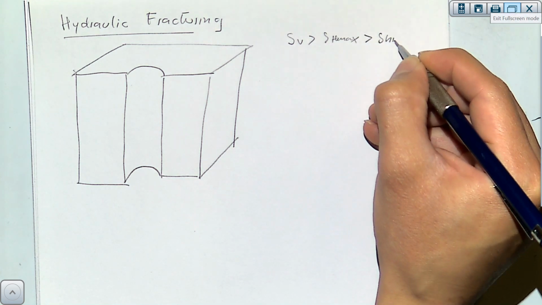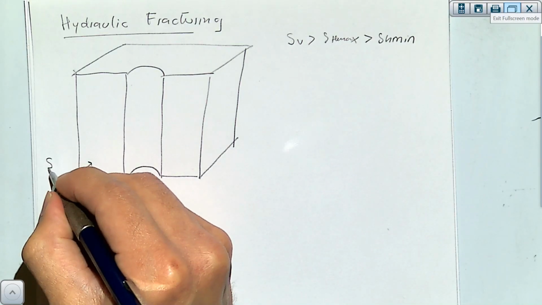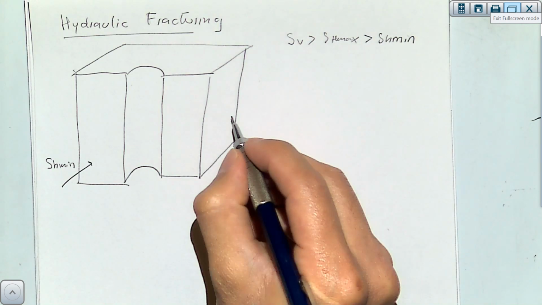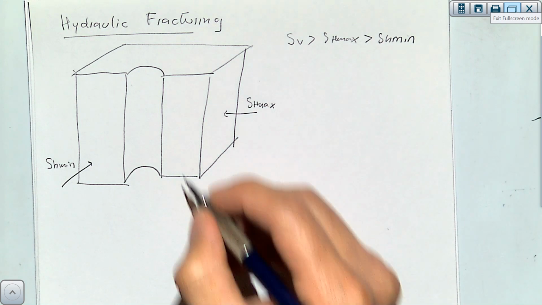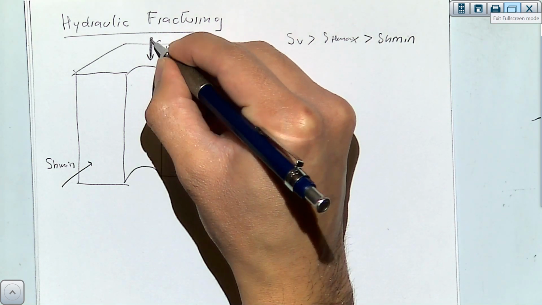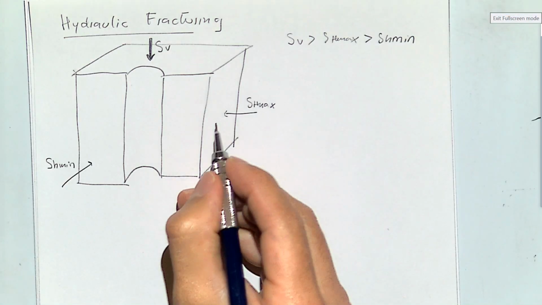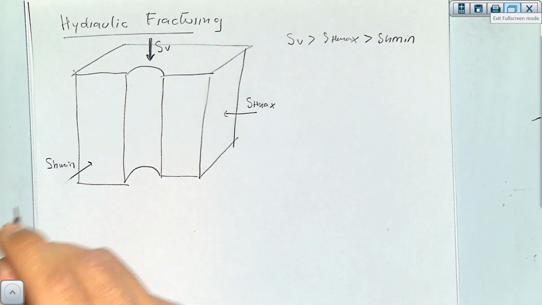Again, you can extend this to other conditions later on. We'll say that the minimum principal stress goes in this direction, maximum horizontal stress like that, and vertical it is like this. I'll make it a little bit thicker just to mean that that one is higher than the other two, and I'll make this one also a little bit shorter. Okay.